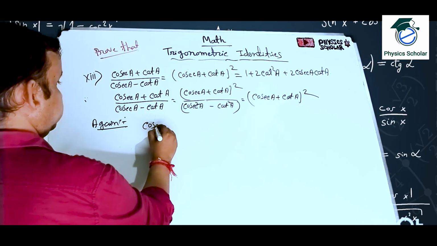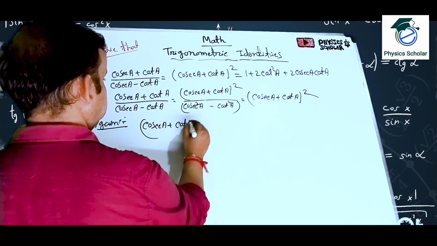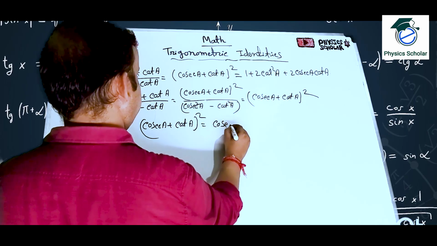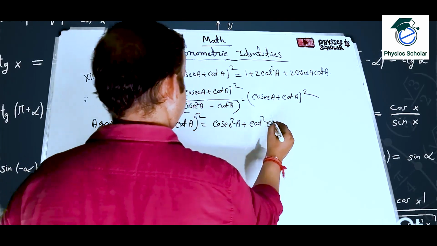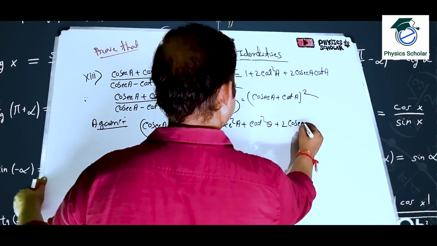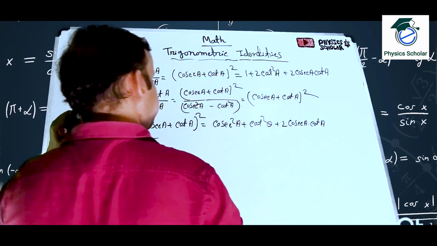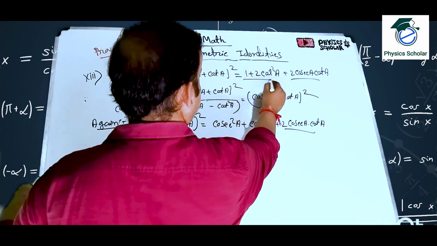Cosec A plus cot A whole square is equal to what? A plus B whole square, A square plus B square plus 2AB. See, this has come. Only this part we have to prove.